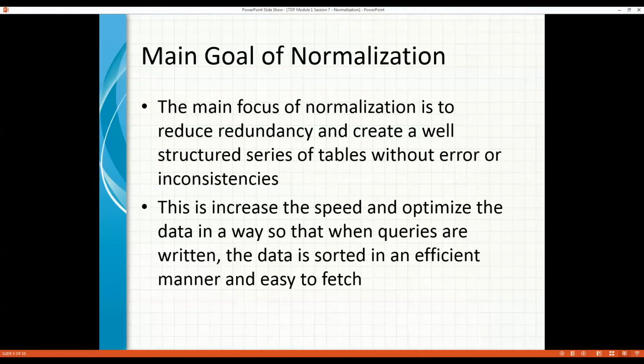The main goal of normalization is to reduce redundancy, as well as create a well-structured series of tables without errors or inconsistencies or anomalies. Now, what is redundancy? Redundancy is when you have many parts of a table repeating for maybe only one column. For example, let's say we have student name, student ID, and then course.